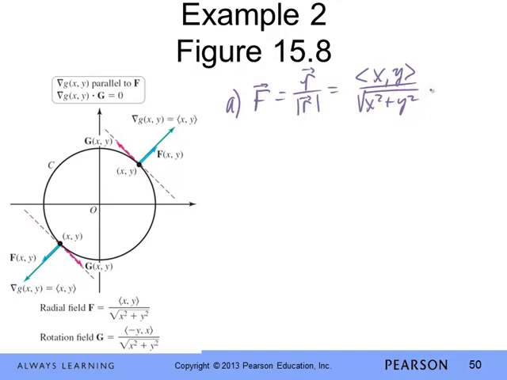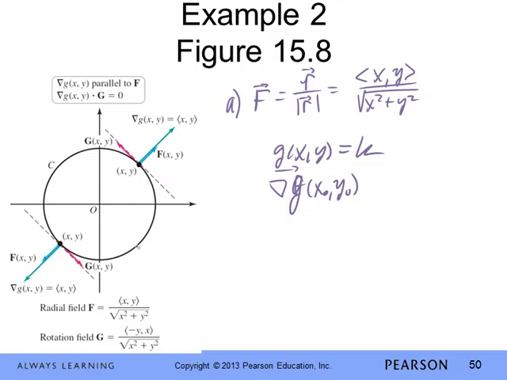So if you've got the equation g of x,y being equal to some constant, that's going to define a contour curve. So then if you take the gradient of g and evaluate that gradient at some point on the contour, then that gradient vector is going to be orthogonal to that contour curve.